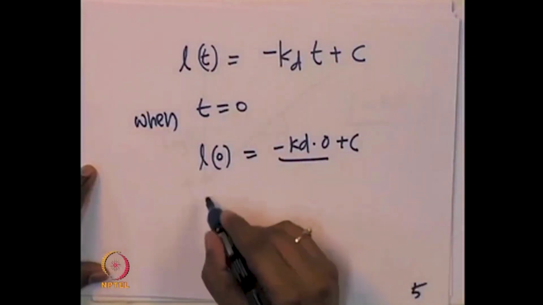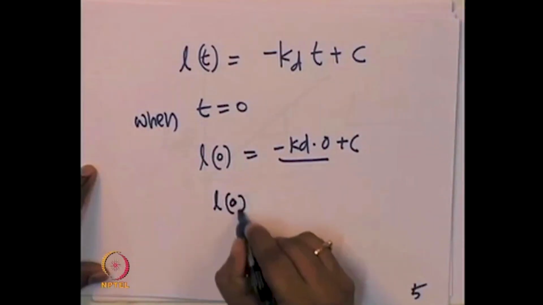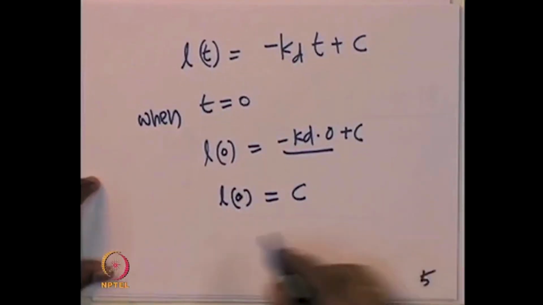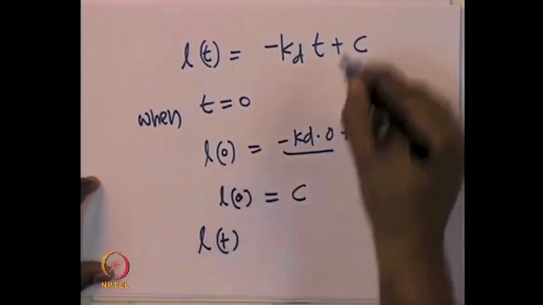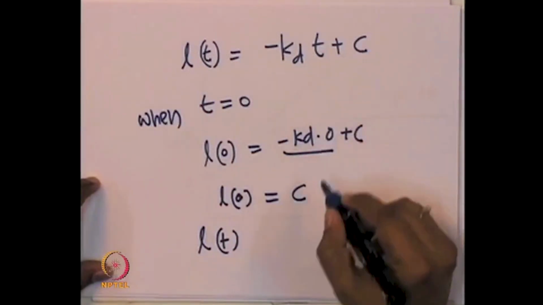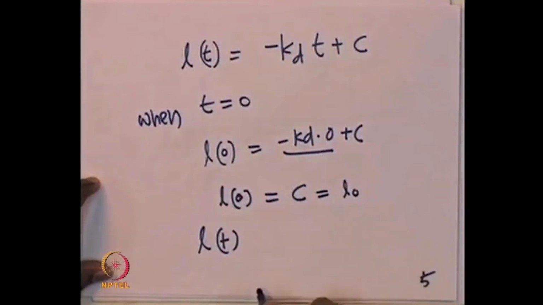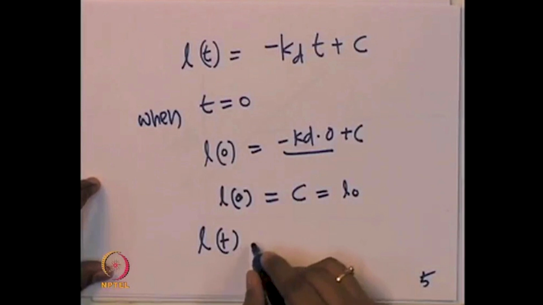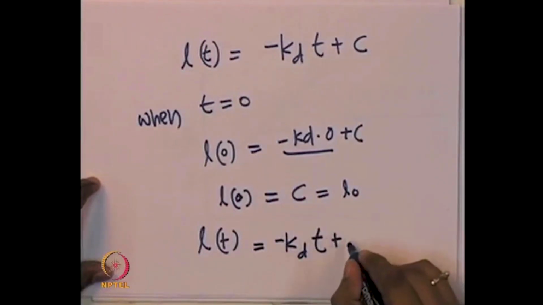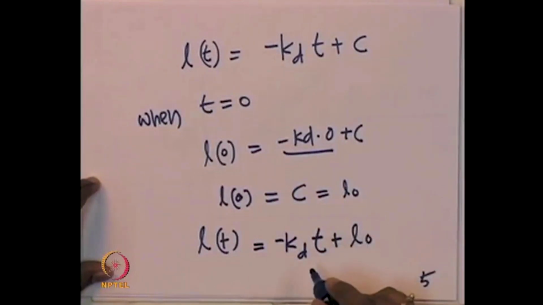So this is 0, and L at 0 is equal to c. So c is again the initial length. We can substitute this back, writing c as L0. I just write L of 0 as L0 for convenience. So L of t is minus Kd into t plus L0. In other words, it is L0 minus Kd t.